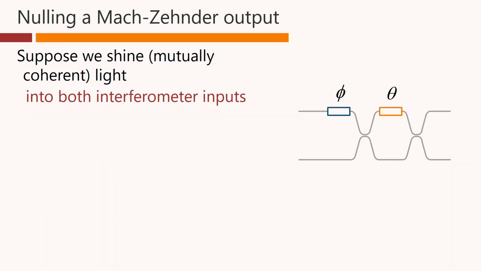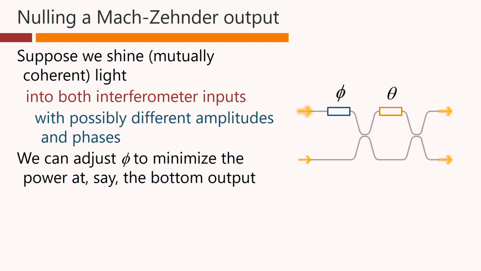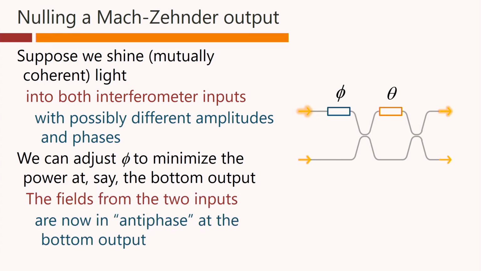Suppose we shine mutually coherent light into both interferometer inputs, with possibly different amplitudes and phases. We can adjust phi to minimize the power at, say, the bottom output. The fields from the two inputs are now in antiphase, they're in opposite phase at the bottom output.